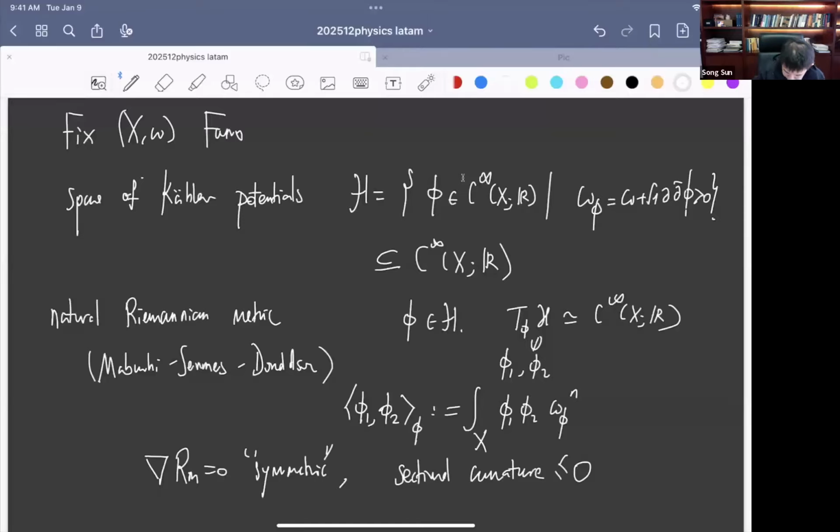So it should resemble the space GL_N(C) modulo U_N.